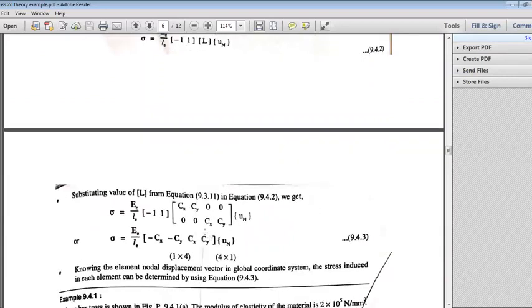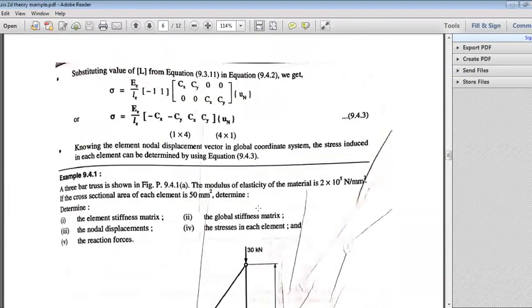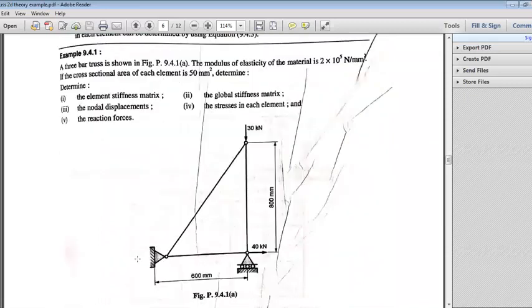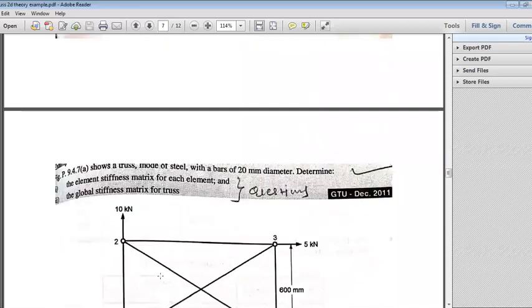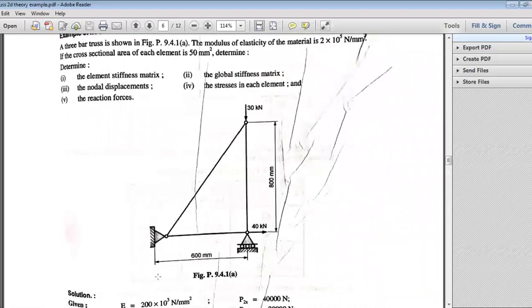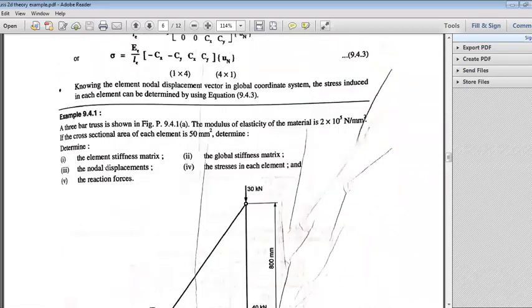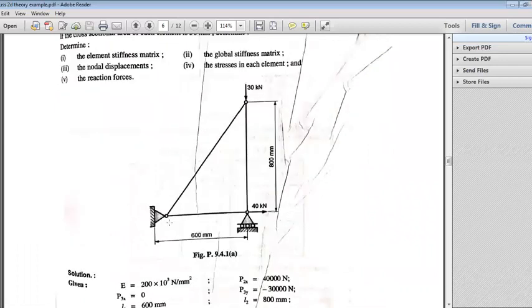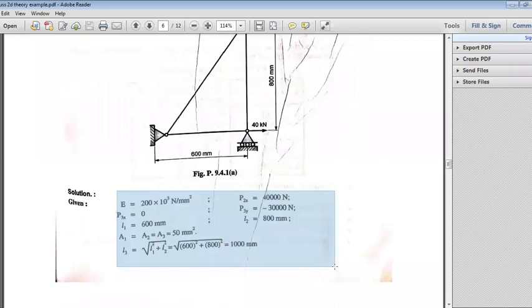Element, right? Now take one example to understand practically how to solve 2D problems. Here you have been given one data example: one truss member, 3 nodes and 3 elements, right? All dimensions are given.